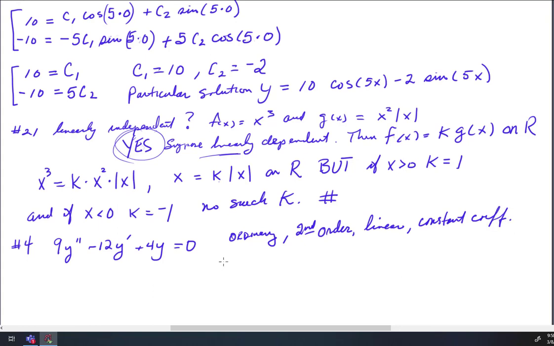coefficients. So if we have this sort of differential equation, we know that we would find the characteristic polynomial, and the characteristic polynomial would be 9r squared minus 12r plus 4 equals 0, and then we would look for zeros of this characteristic polynomial.